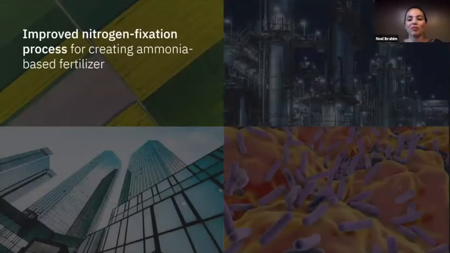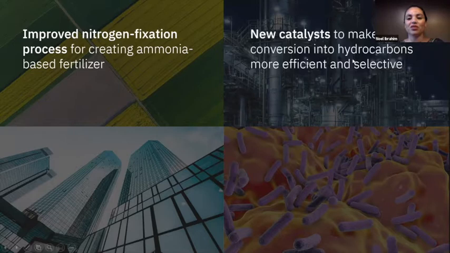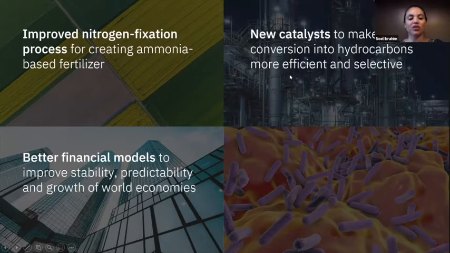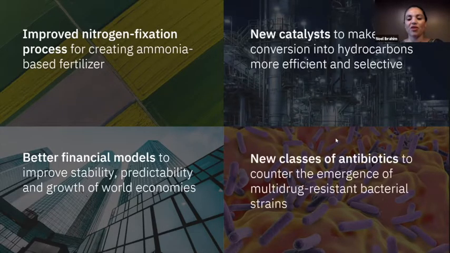So there are many problems in science and society and within business that are difficult to address with classical computers. The first example here we'll talk about is improved nitrogen fixation processes for creating ammonia-based fertilizer, new catalysts to make CO2 conversion into hydrocarbons more efficient and selective, better financial models to improve stability, predictability, and growth of world economies, new classes of antibiotics to counter the emergence of multi-drug-resistant bacterial strains, for example.